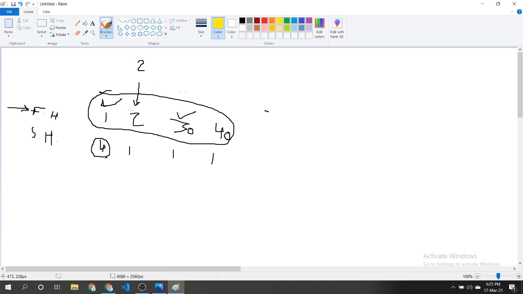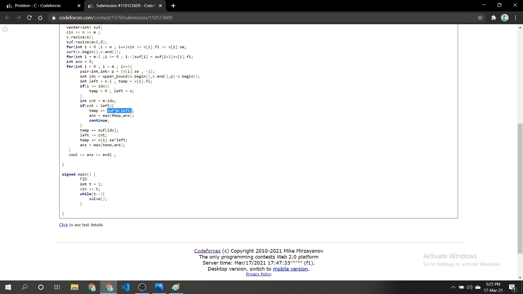Because I am counting elements from here, my count is 3. I have to buy only two elements, so I will buy 30 and 40. This is what this condition does. Then I will continue because I won't have to buy anything else.